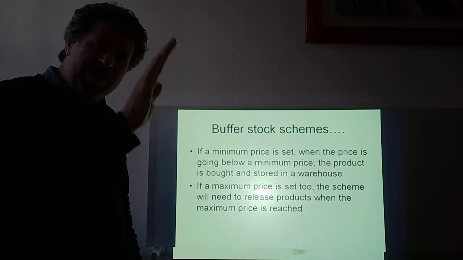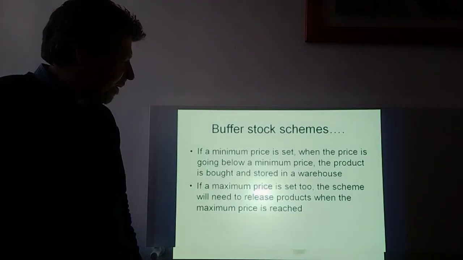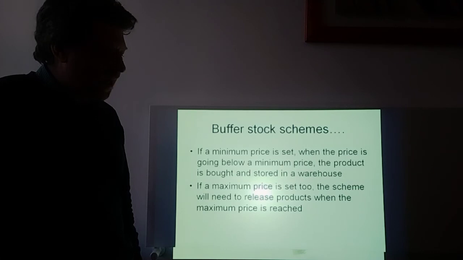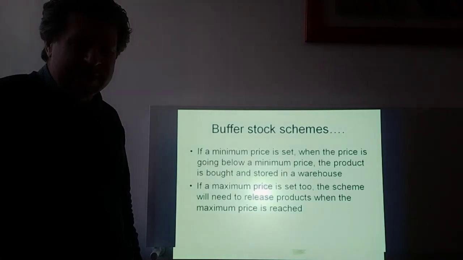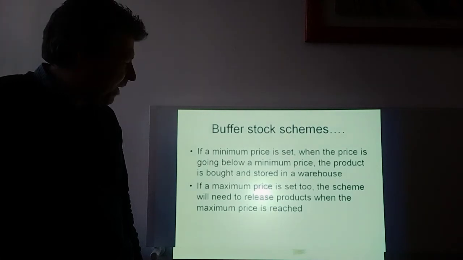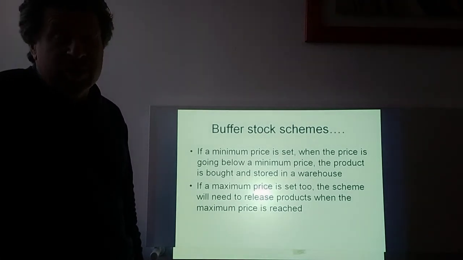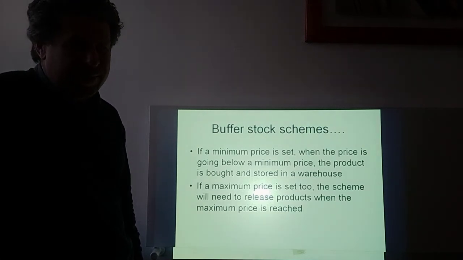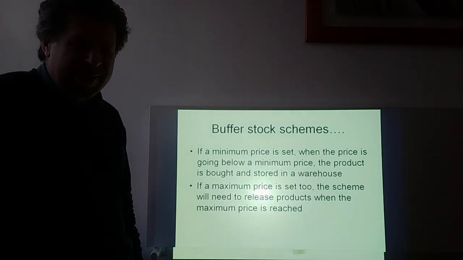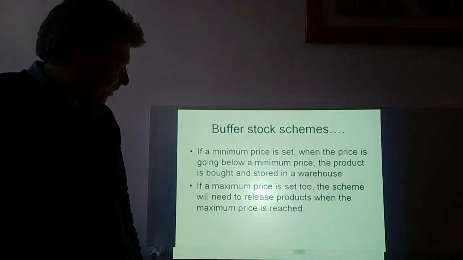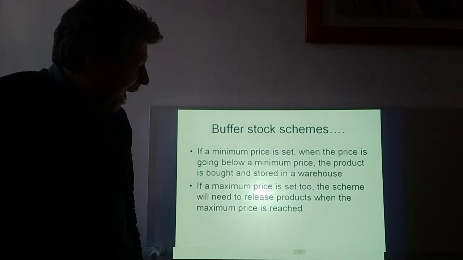And that will stop the prices going too up and too down. This was criticised in Europe because it created mountains of food and lakes of wine. They called them wine lakes, because of this buffer stock being bought from farmers. So that's a method they can use.